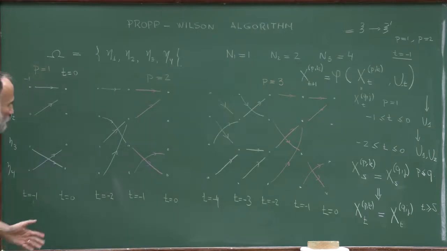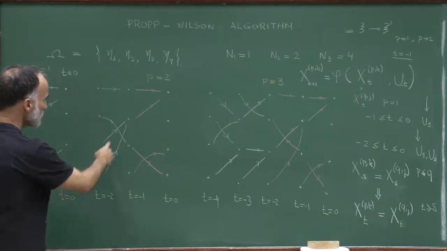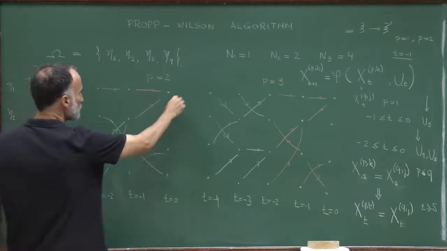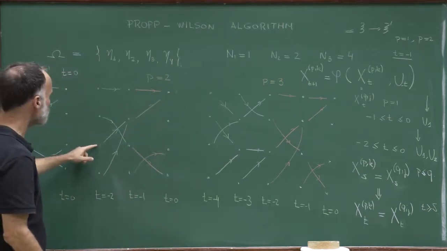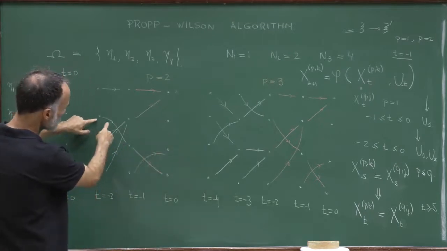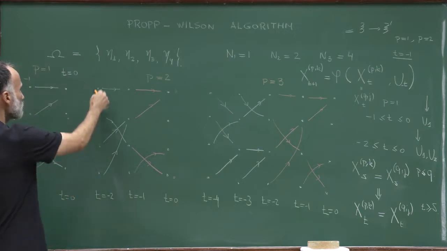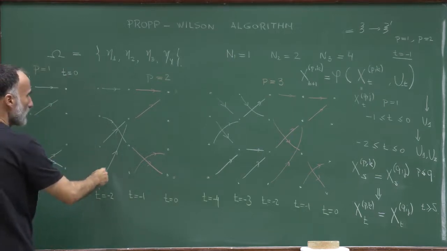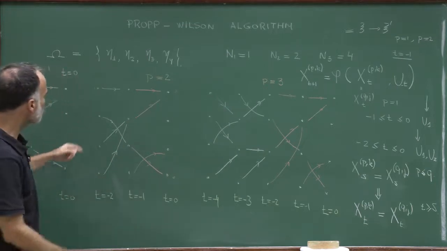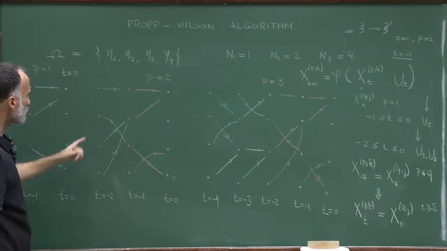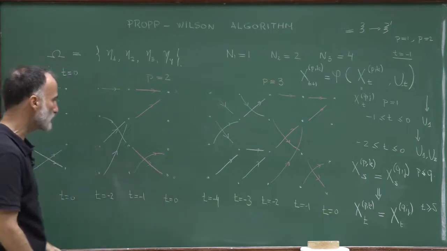And now, if I start from these 4 configurations, you see that if I start here, I will reach eta 1. If I start at eta 3, I also reach eta 1. But if I start at eta 2, I'll reach eta 4. So all these 3 chains attain the same configuration at time 0, but this chain, which starts at eta 2, will reach at time 0 the configuration eta 4.